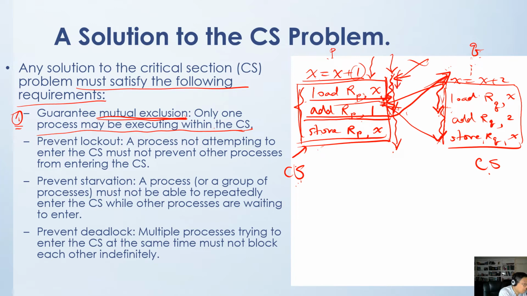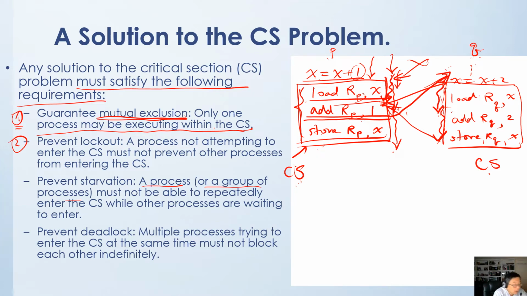That's condition 2. Now, prevent starvation. A process or group of processes must not be able to repeatedly enter the critical section while the other processes are waiting to enter.